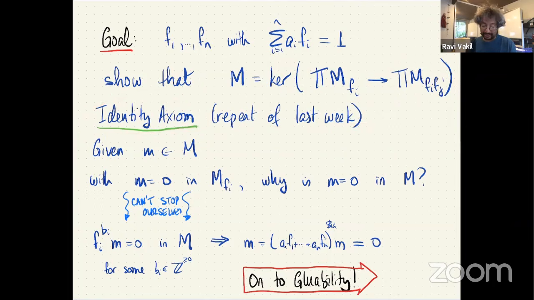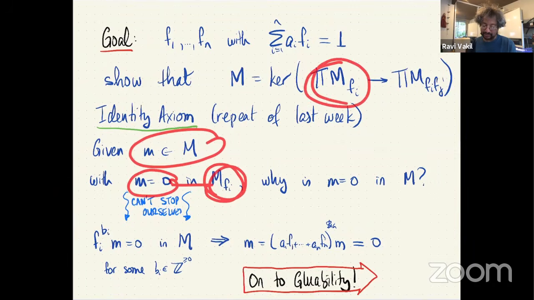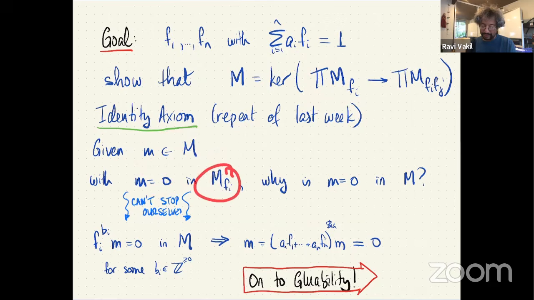So if you have an element of your module, and you know that it's zero in every one of these localizations, the question is, why was it initially zero? Whenever you have something that's zero in a localization, by definition, this is a statement about something in capital M, which says that some power of f times m is zero.